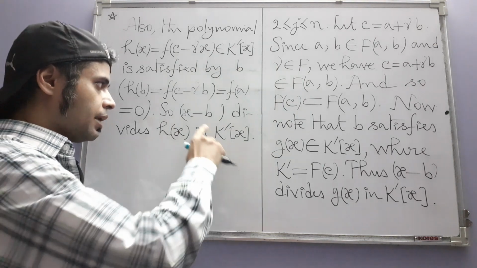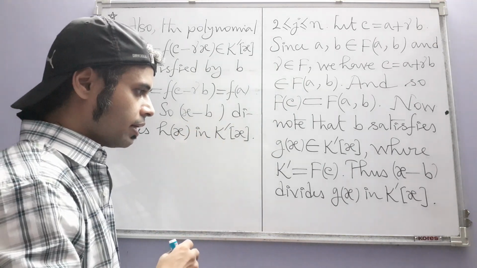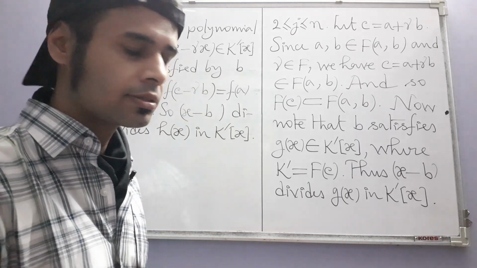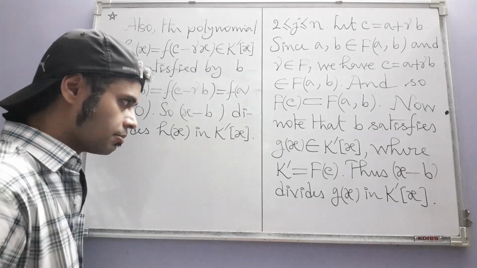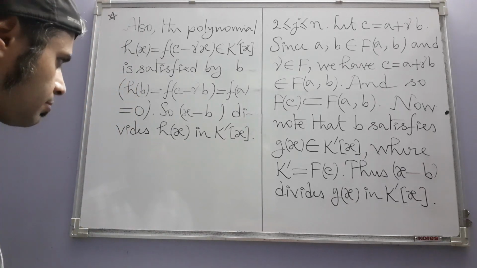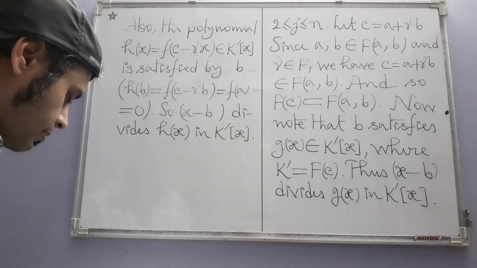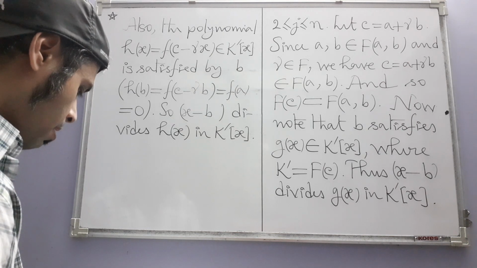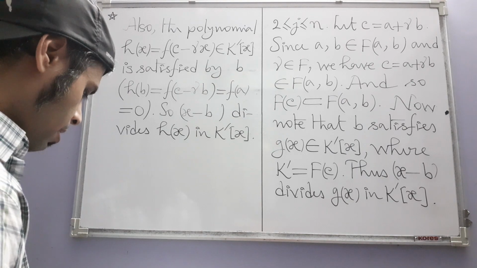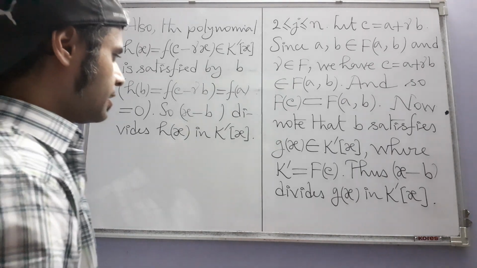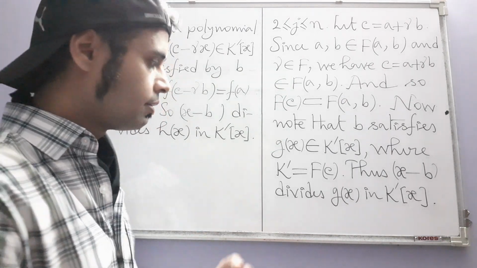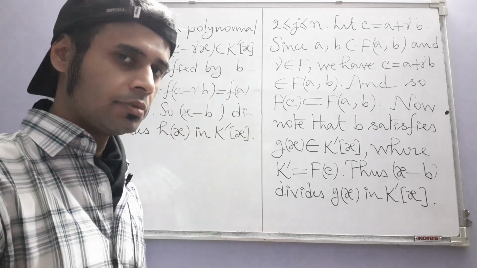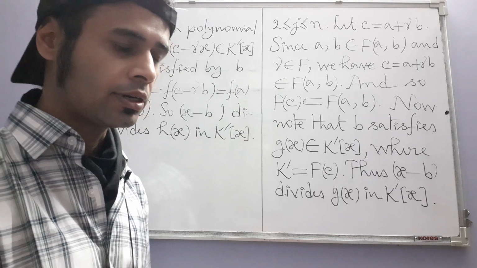That means x minus B is a common factor of hx and gx over this field K prime, or in this ring K prime x. Now, is there any other common factor that these two polynomials have in this ring? We are claiming that they cannot have.